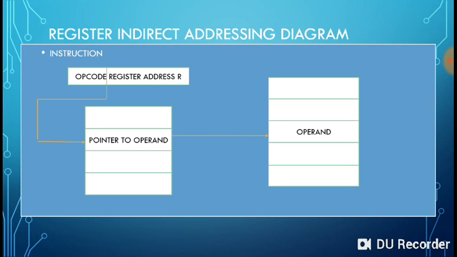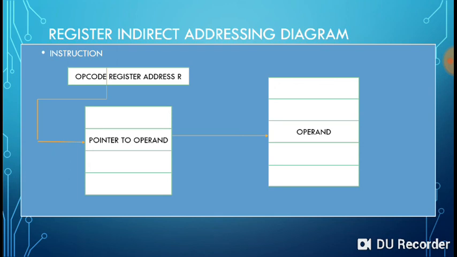When it points there, it gets access to the operand. This is also a kind of complicated process for the processor to access the operand.